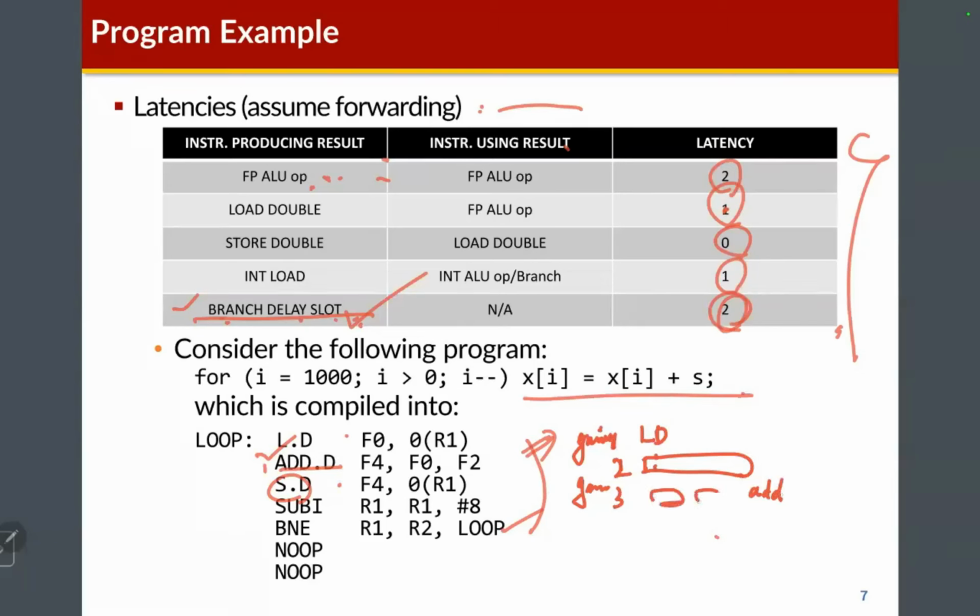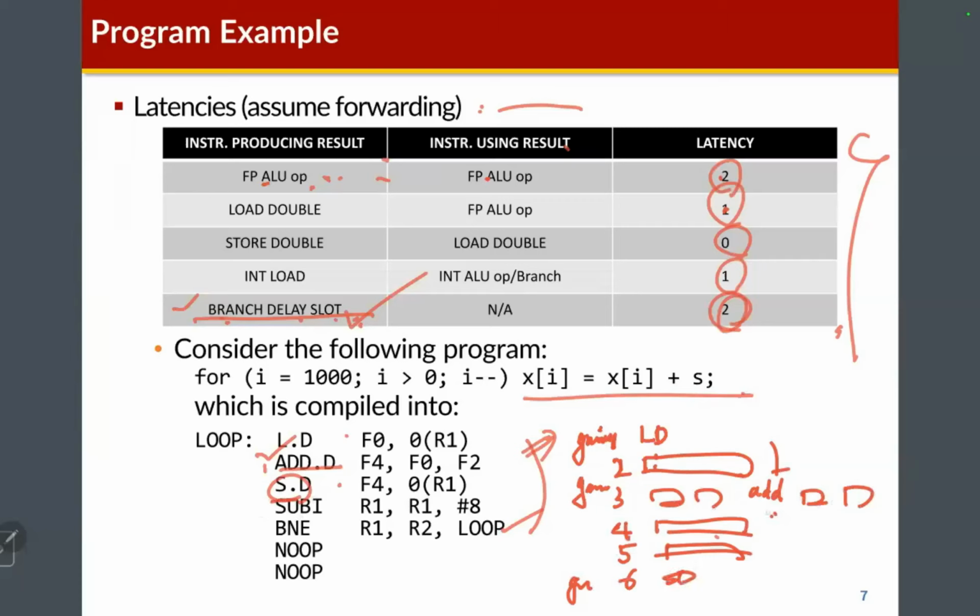So we cannot assign any instructions to some other slots. And then after the add instruction, the FPALU latency is 2. So we need to add 2 empty groups, and then in group 6 we can assign the store instruction.